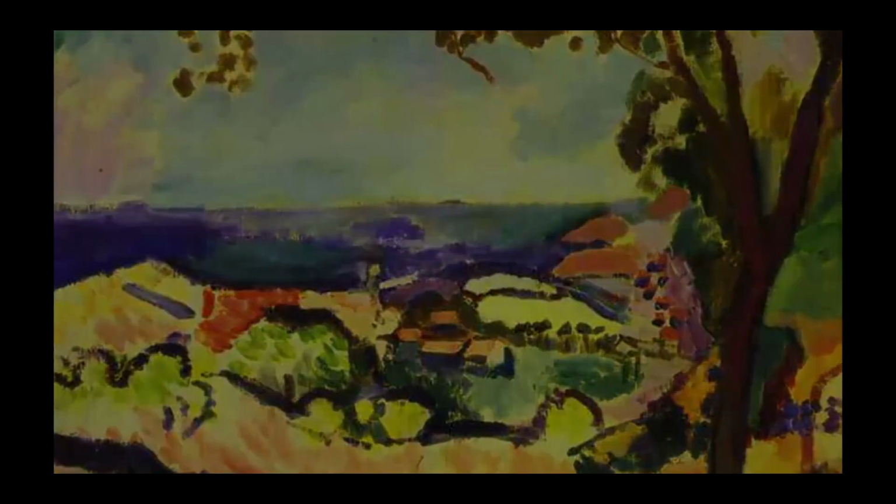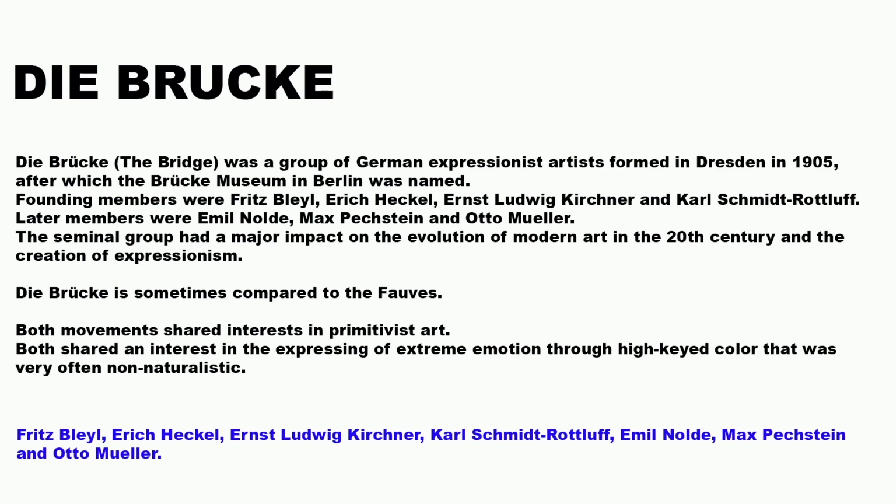Die Brücke, the Bridge in English, was a group of German expressionist artists formed in Dresden in 1905, after which the Brücke Museum in Berlin was named. Founding members were Fritz Bleyl, Erich Heckel, Ernst Ludwig Kirchner, and Karl Schmidt-Rottluff. Later members were Emil Nolde, Max Pechstein, and Otto Mueller.